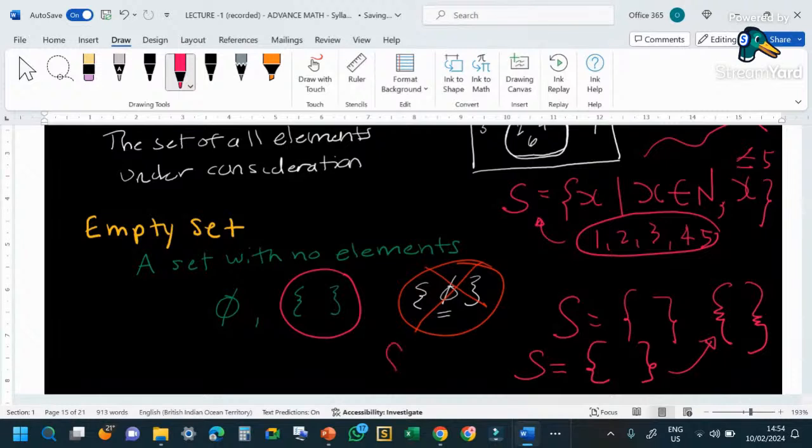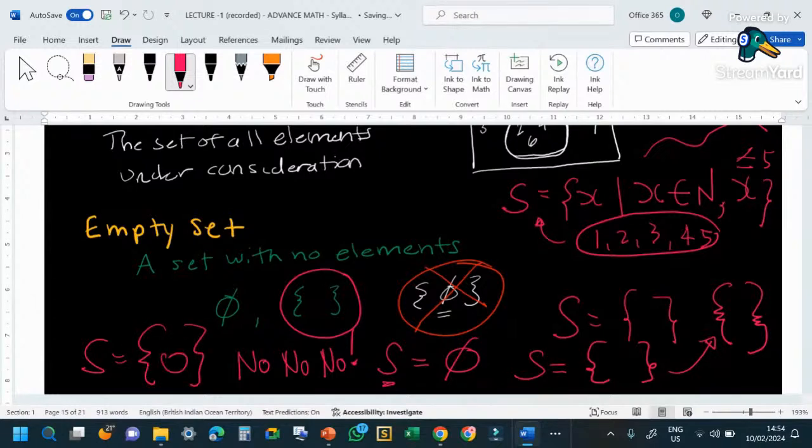Or you can just say S is equal to phi, where phi is a symbol in set theory, which means this set S doesn't have any element. But it's a no, no, no when you do S is equal to curly braces with an empty set inside. There's no such thing as an empty set inside an empty set, or an empty set is a subset of an empty set. So it's a double error. Why? Because this is like 0 inside a 0, 0 inside a 0. There's no such thing as like that. So when it's 0, it's simply 0.